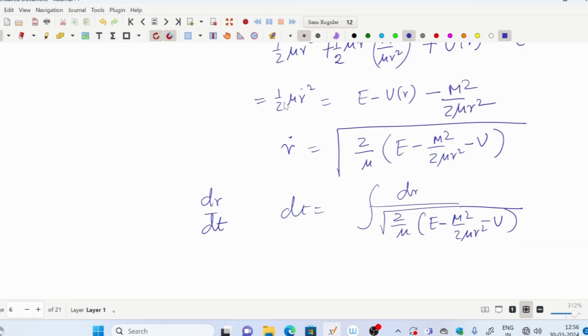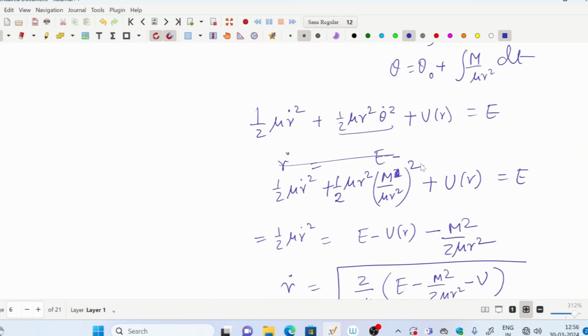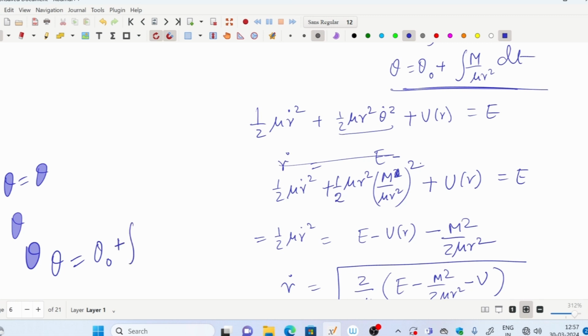So when we substitute dt in the expression for the theta integration, recall that theta integration. It was theta equal to theta 0 plus the integral of m over mu r square dt.